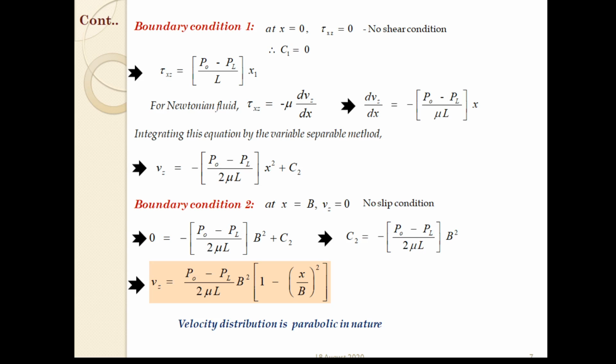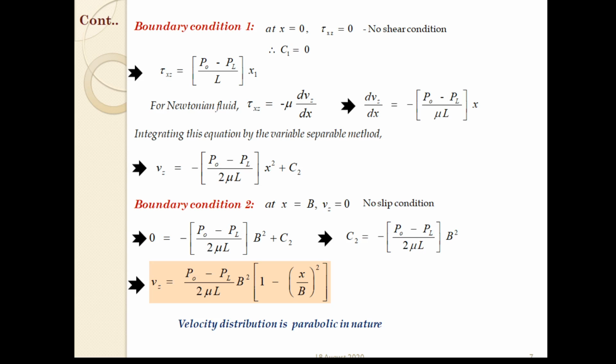After incorporating this boundary condition, we get C2 equals P naught minus PL upon 2 mu L into B square. Putting this C2 value in the velocity profile equation, we get Vz equals P naught minus PL upon 2 mu L B square multiplied with 1 minus x upon B, whole square.